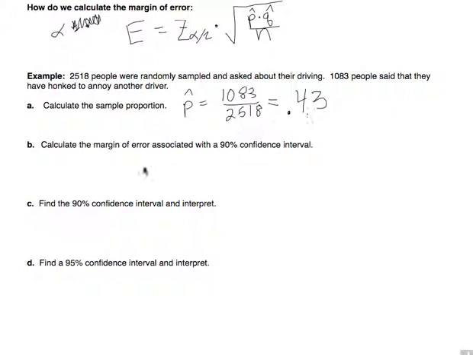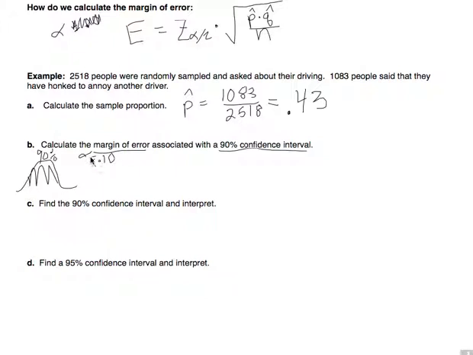So what are we going to add and subtract from this? Well, we're going to add and subtract the margin of error. So let's find a 90% confidence interval. That's going to be important. We're going to find the margin of error associated with a 90% confidence interval. If I'm talking about 90% in the middle, 90% is associated with 10% outside of that interval.